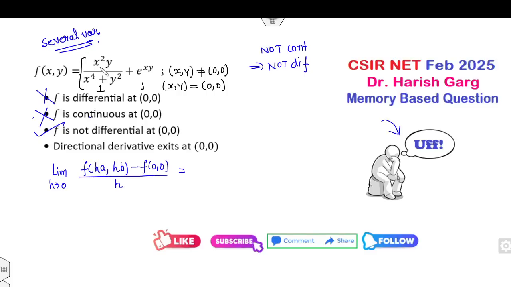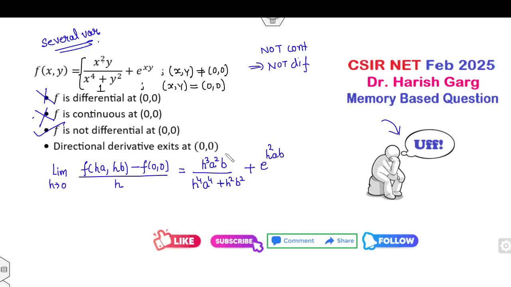Now you can see ha times hb, so that is h squared; h cubed a squared b. This is h squared divided by h to the fourth a to the fourth plus h squared b squared, plus e to the power h squared ab.